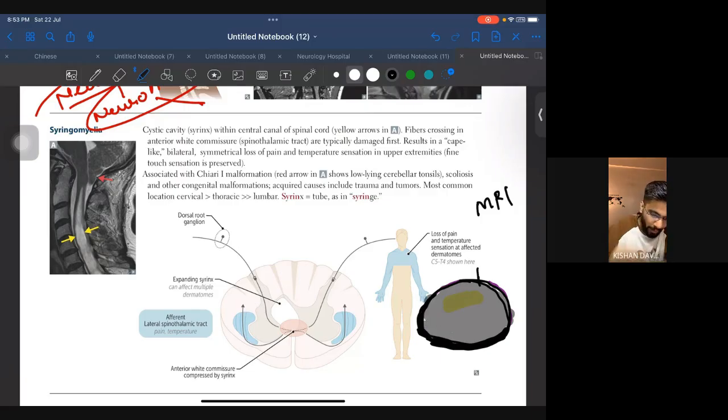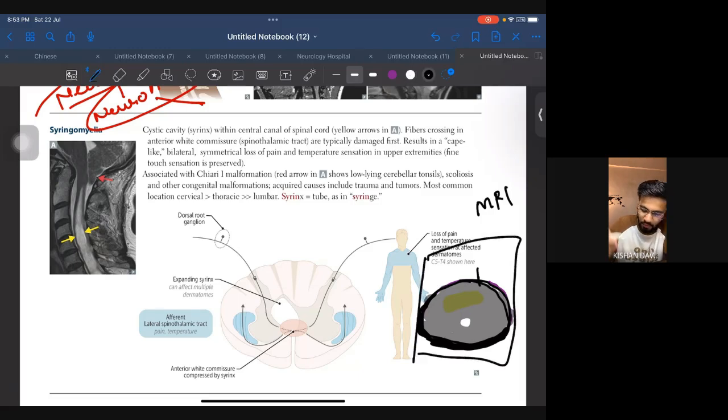Now, one common image that they give for syringomyelia is this. This is what your MRI will look like when you are looking out for syringomyelia. A white spot, a dark white spot in the center of the spinal cord.